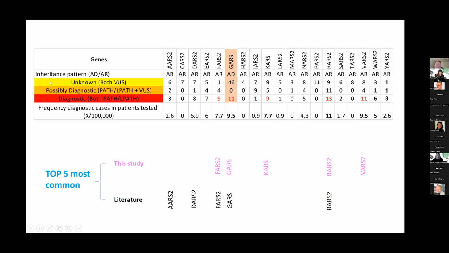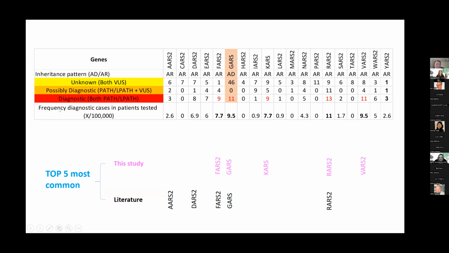Of the 19 genes, only one is autosomal dominant. The others are autosomal recessive. For diagnostic, both variants are pathogenic or likely pathogenic for recessive. For possibly diagnostic, one pathogenic or likely pathogenic plus one VUS, and unknown is both VUS.